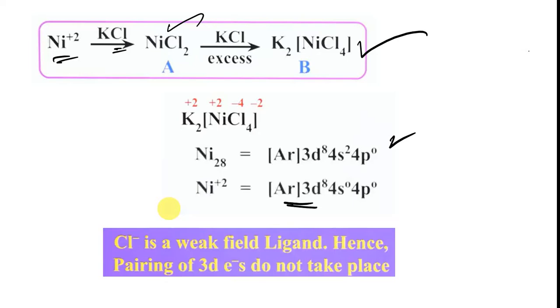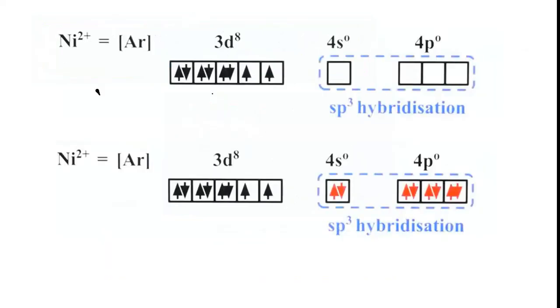So this is the oxidation number: there are plus 2 here, there are minus 4 here, so plus 2 is the charge and minus 2 is the charge of the complex. Cl is a weak field ligand, so no pairing takes place here. So generally, the 3d8 electrons will be arranged like this, right?